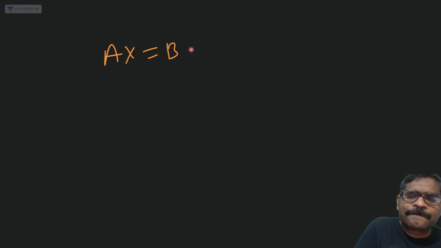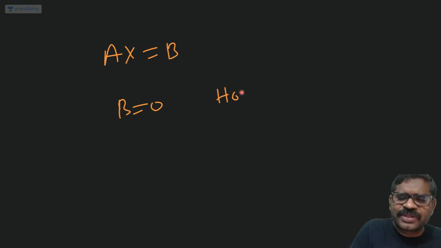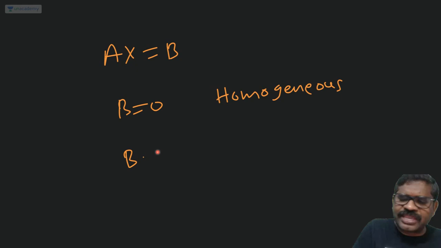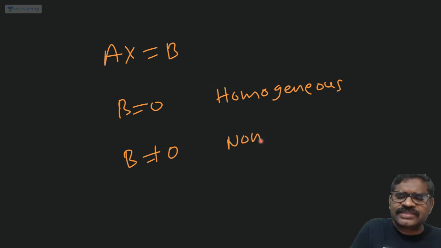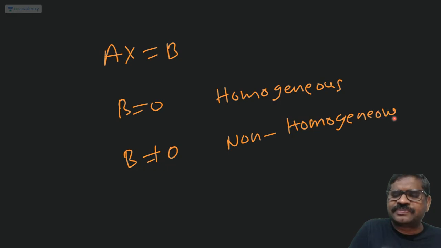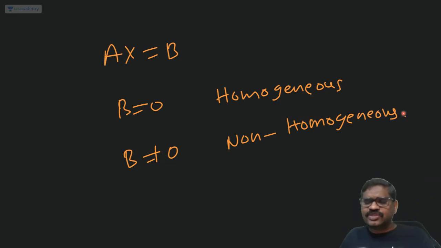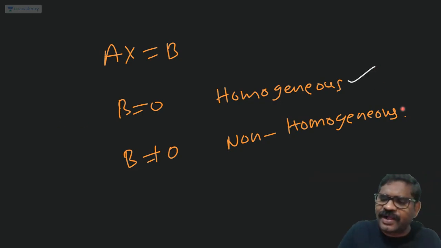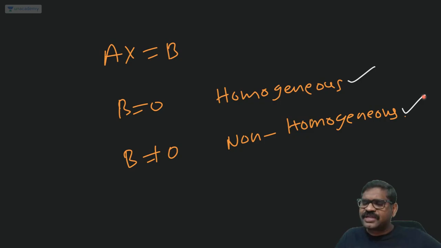Suppose in Ax equal to B, if B is 0, then it is called a homogeneous system. If B is not equal to 0, then it is known as a non-homogeneous system. So whenever you are solving a problem on systems of equations, first you have to check whether it is a homogeneous system or non-homogeneous system.